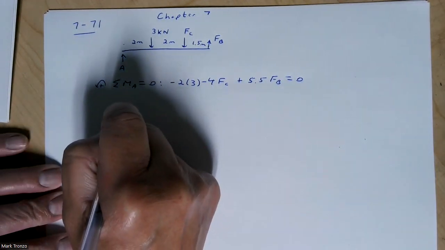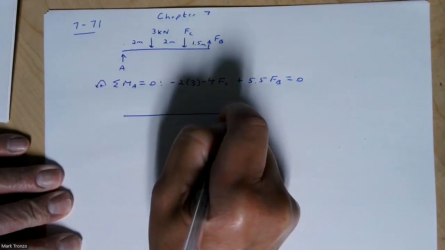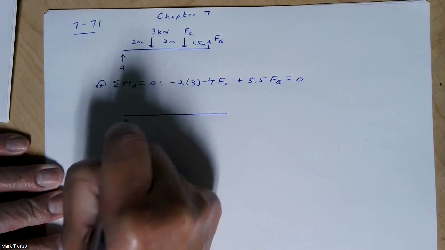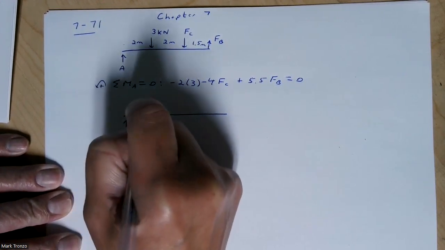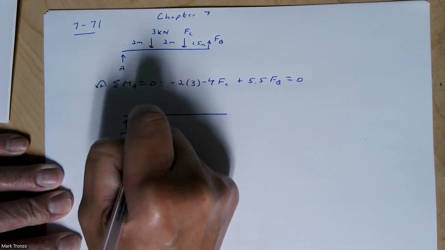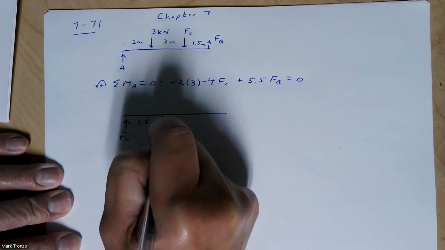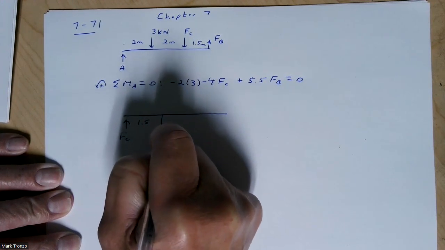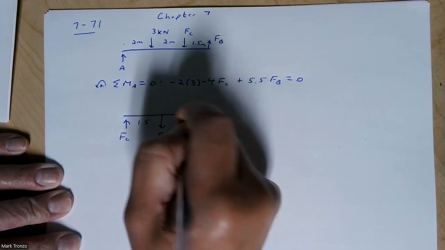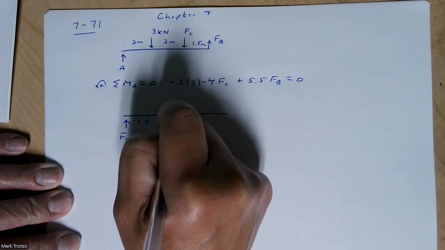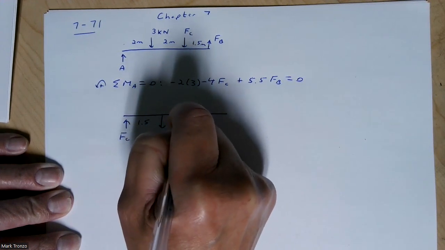So on that one, we're going to have FC. This is at 1.5. FB going the other way. Again, this is the upper beam. 1.5 meters.